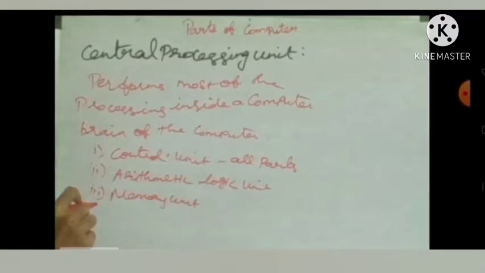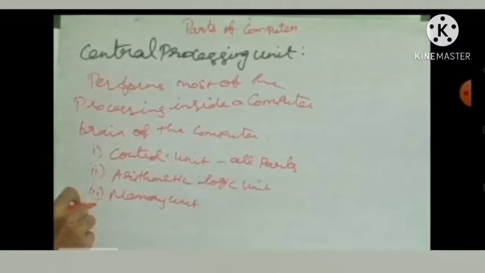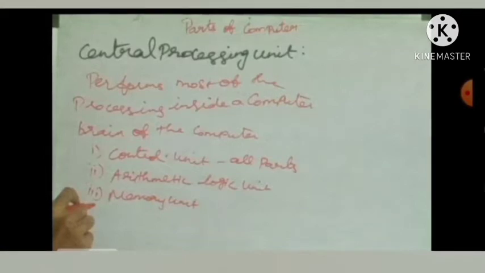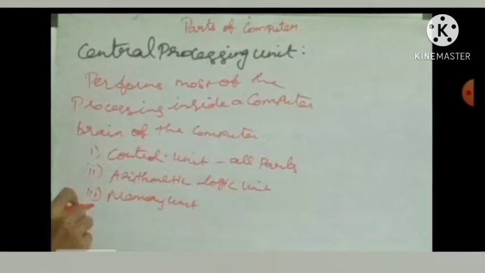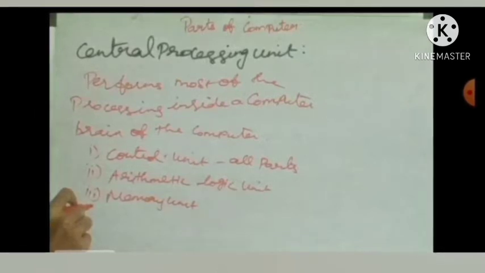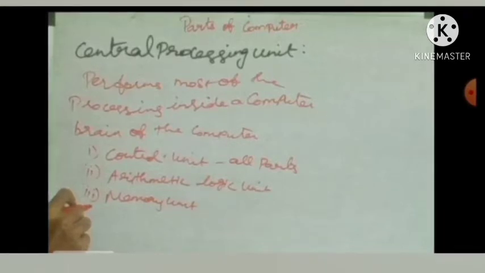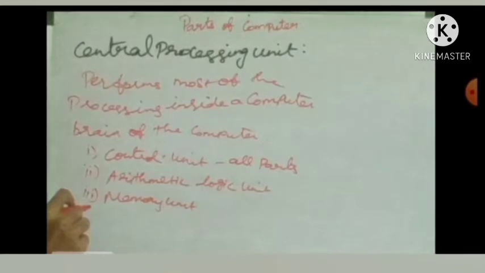Control unit is nothing but it is used to control the functions of all parts of the computer. It controls all the parts of the computer. Arithmetic logic unit, it is used to perform calculations like addition, subtraction, multiplication and divisions.